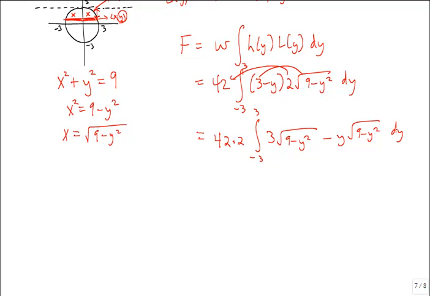Now this is one that you can certainly do on your function integrate. That's perfectly fine. I just want to show you a couple of options here for how to do this by hand.